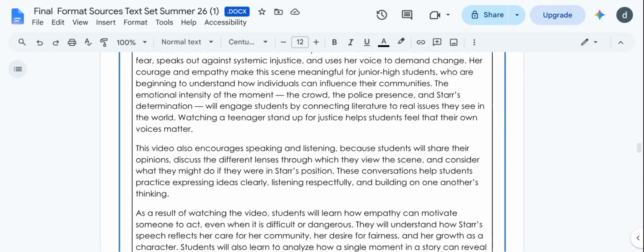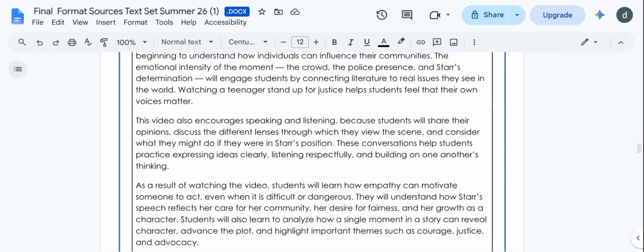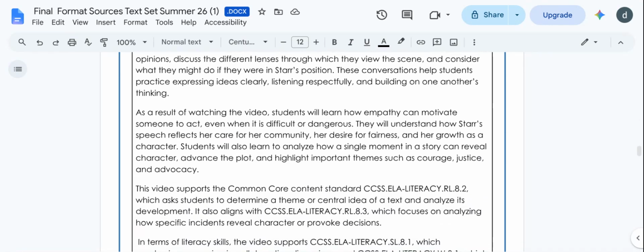There are so many lenses through which we can define empathy. As a result of watching the video, students will learn how empathy can motivate someone to act right.